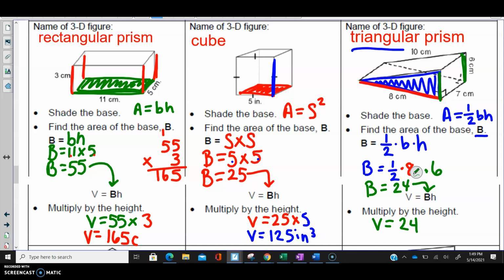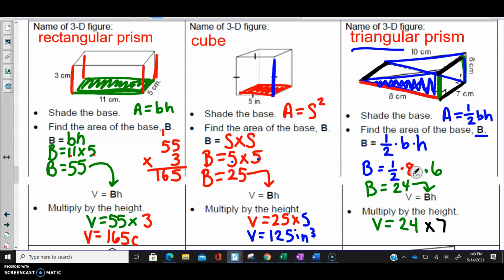Now the height. A common incorrect height to use is this 6. But think about the height. The height is what's getting us from one base to the other base. So the height getting us from one base to the other base is actually this 7 here.